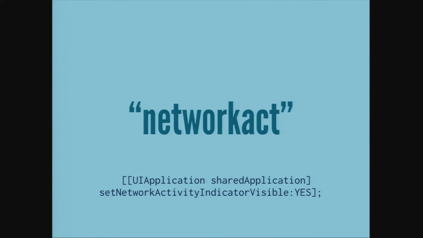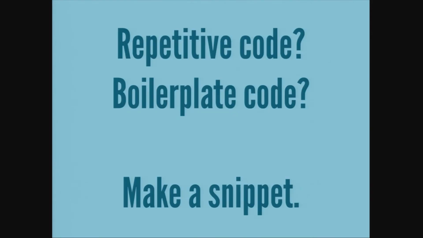And Xcode completes this for me, so it doesn't really matter how long the snippet text is, but I do this so many times, especially because I do a lot of demos that end up needing to call the network. I don't want to type this out, especially when people are watching me type. It's so much easier to just type network act and hit enter, and then I can change the yes to a no when I need to stop it. So when you find yourself writing repetitive code, boilerplate code, make a snippet, and move on.